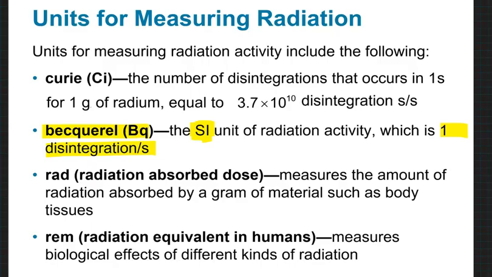Now, Curie is the unit that shows the number of disintegrations per second in 1 gram of radium, the element that Marie Curie actually discovered, and partially due to which she died. She died of leukemia. So Curie is 37 billion disintegrations per second.